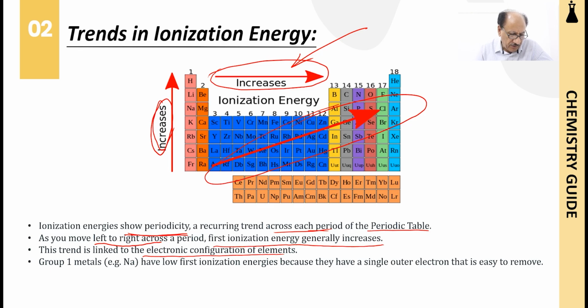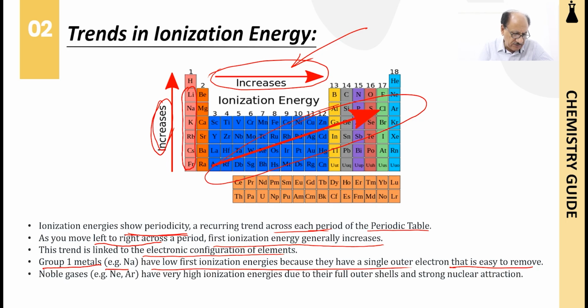For group 1 metals, for example lithium, sodium, potassium, rubidium, cesium, francium, sodium has a low first ionization energy because it has a single outer electron that is easy to remove. We will discuss some anomalies also in the next section.